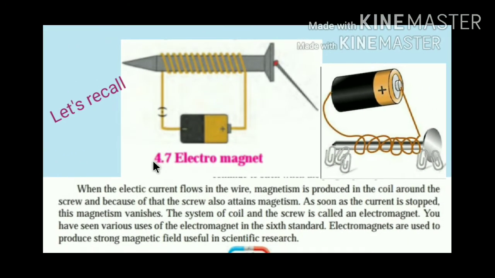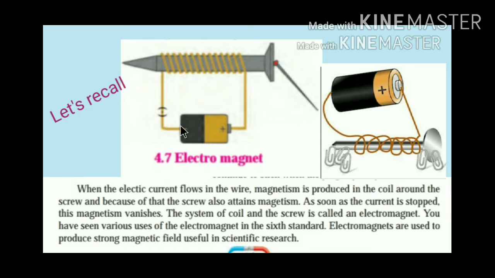To study the magnetic effect of electric current, let's recall how an electromagnet is produced, which you studied in the previous standard. When electric current flows in the wire, magnetism is produced in the coil around the screw, and because of that the screw also attains magnetism.